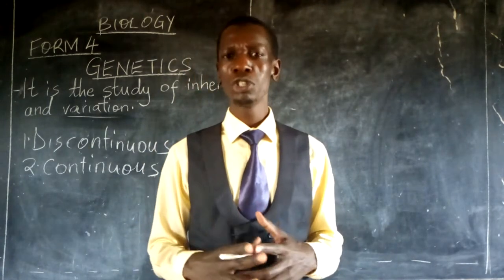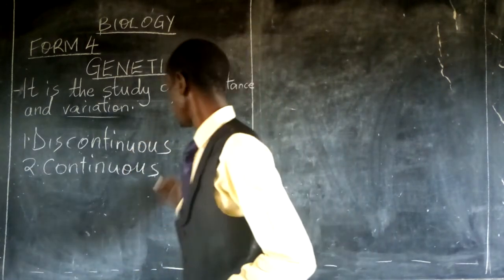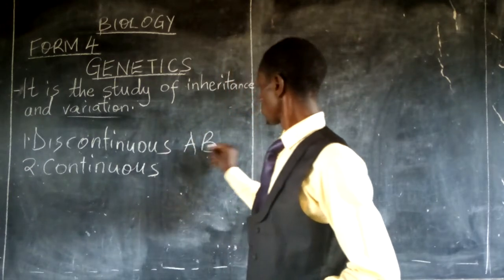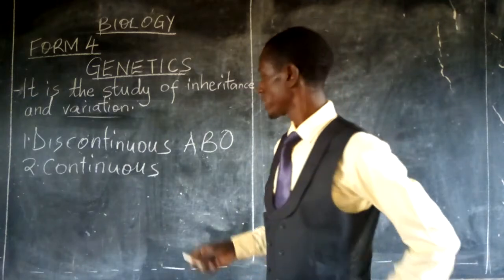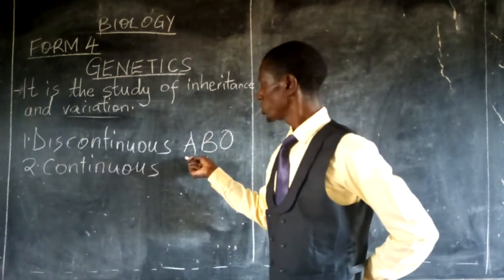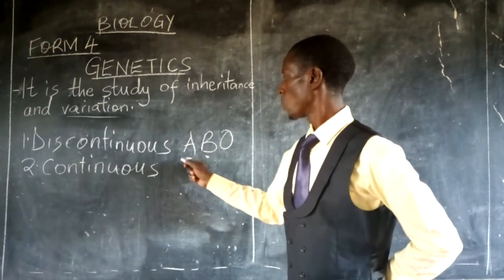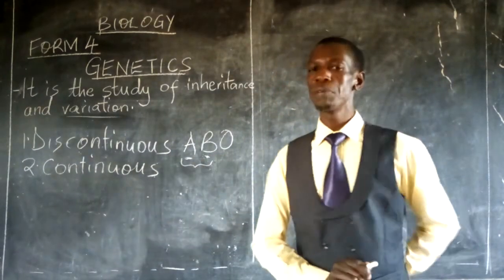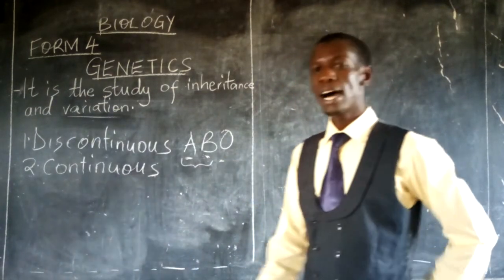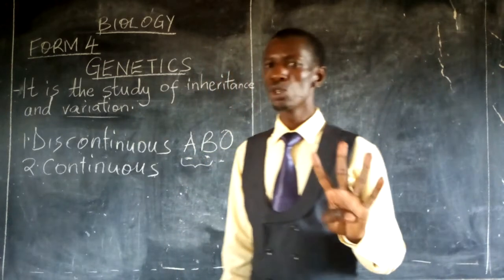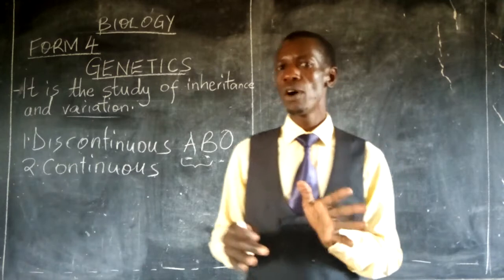Another discontinuous variation is the ABO blood group system. For the ABO blood group system, an individual could be having blood group A, blood group B, or a combination of the two forming blood group AB, or blood group O. There are only 4 blood groups that individuals may bear, and therefore there is no other.